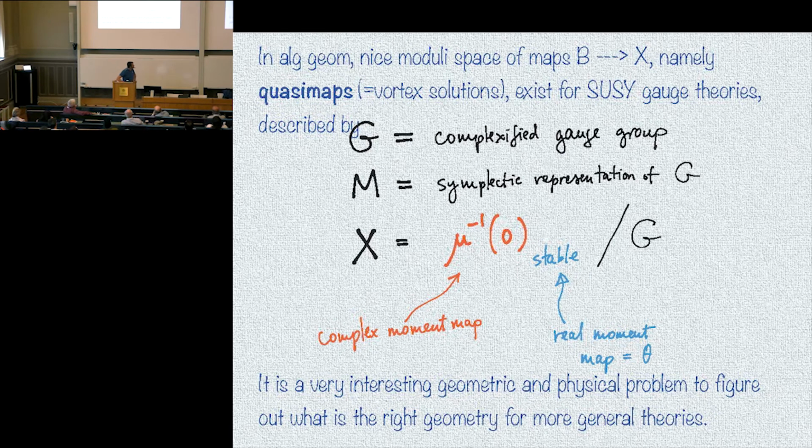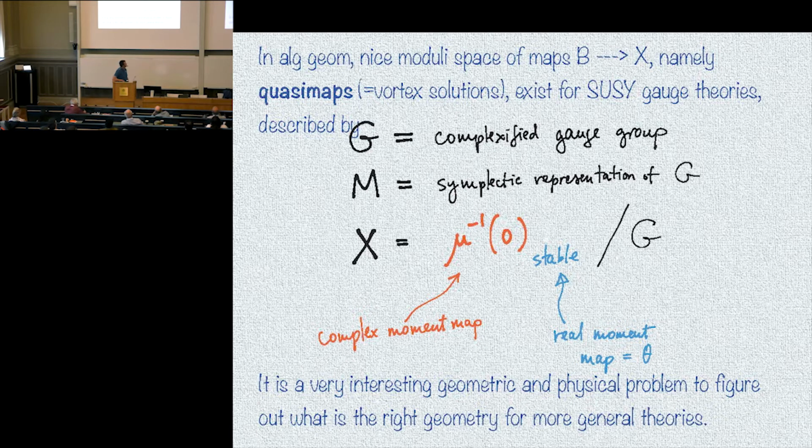And so in case your theory is a gauge theory, there is a very nice moduli space that you associate, in algebraic geometry, differential geometry, and in physics, namely what's called the space of quasi-maps, or vortex solutions of the gauge theory in physics language.